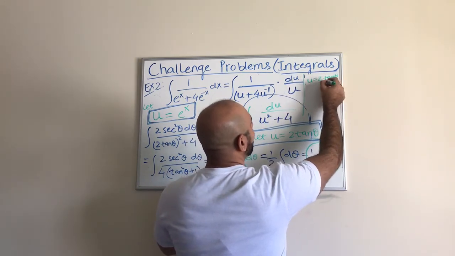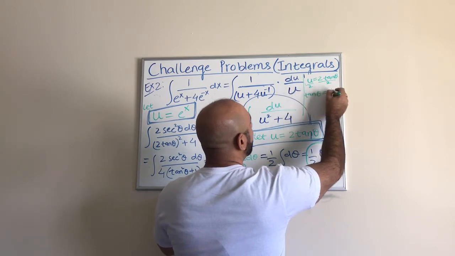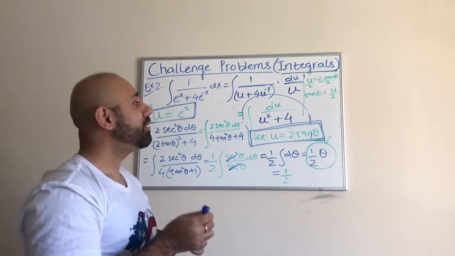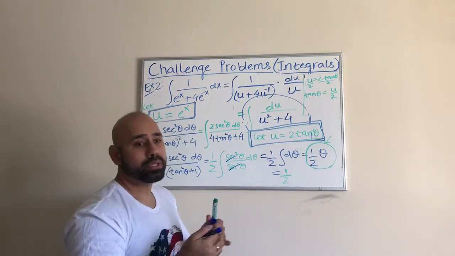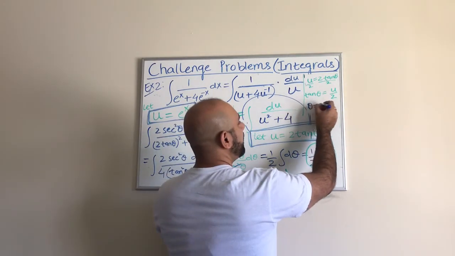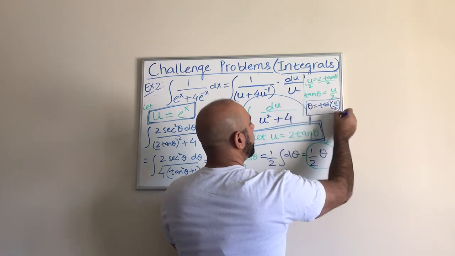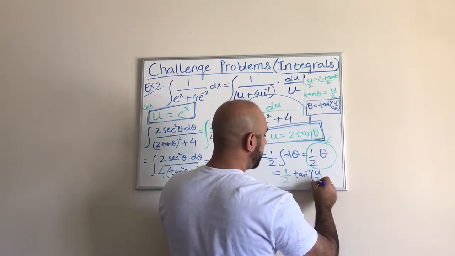To get theta, you have to first divide both sides by 2. So tan theta will be u over 2. But now we need theta by itself. To get theta by itself, we have to apply the inverse function. In this case, we have to apply the inverse of the tangent. So theta would be tangent inverse u over 2.